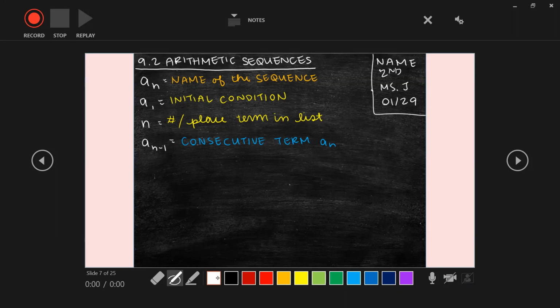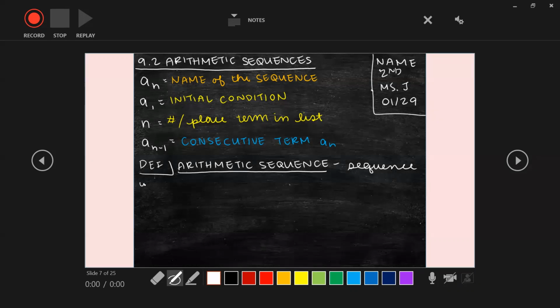We're going to start out with the definition. So an arithmetic sequence is a sequence where, and if you can't read cursive, listen to my words, the difference between consecutive terms is constant.